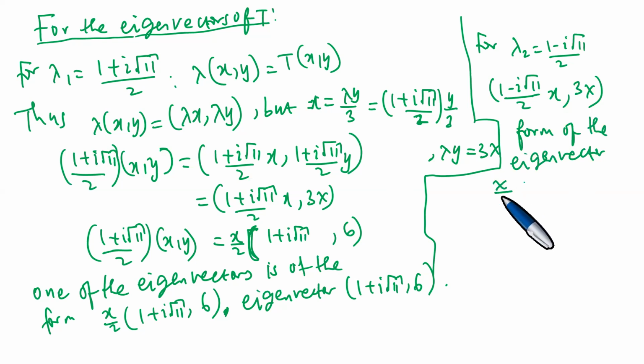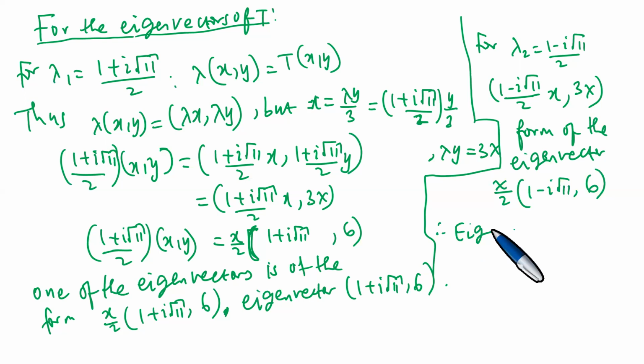We must pull out x, but we can also pull out the division by 2. And if we do that, we're going to have 1 minus I. Okay, it's popular to do it this way in mathematics, and then you can put a 6 here. Therefore, we have the eigenvector. What is the eigenvector? You can write it as 1 minus I, the square root of 11, and 6.